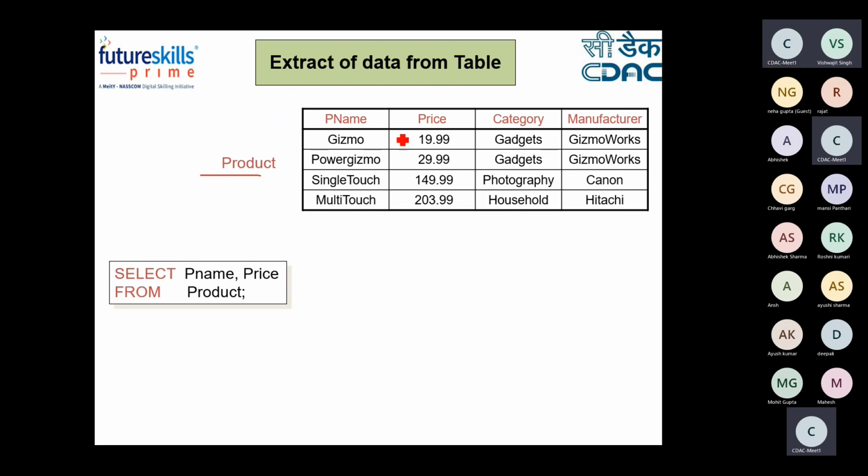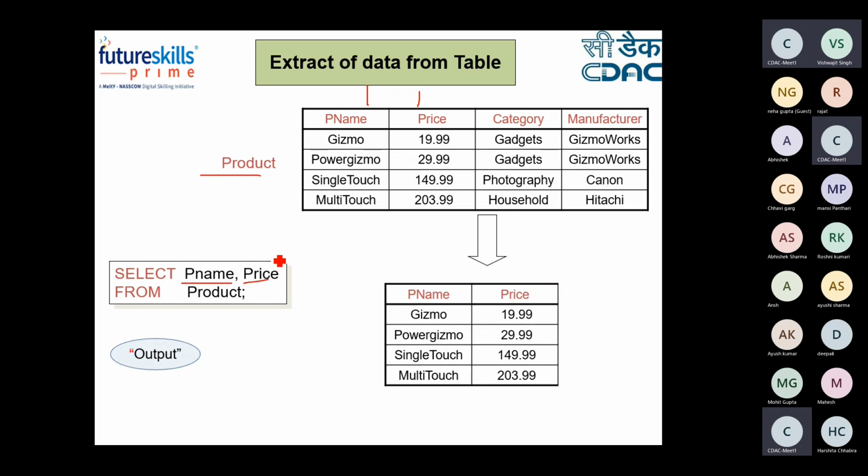What do we want to extract from this table? We want to extract product name and price. Suppose I want to purchase some product, but first I need to check whether this product is in my range or not. So I have selected just product name and price from there. When you execute that query, you will get that output.